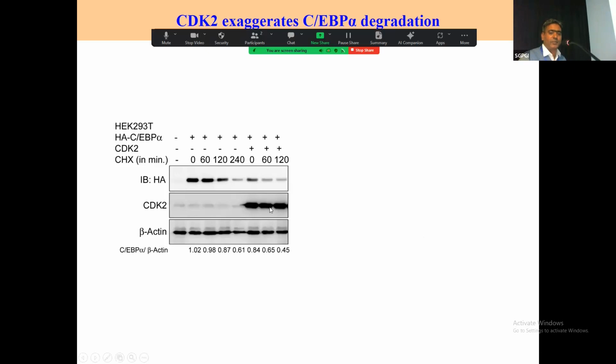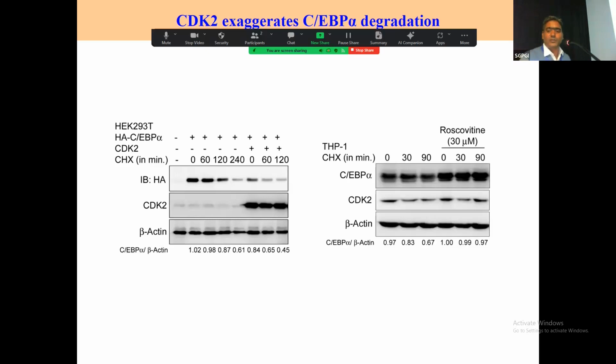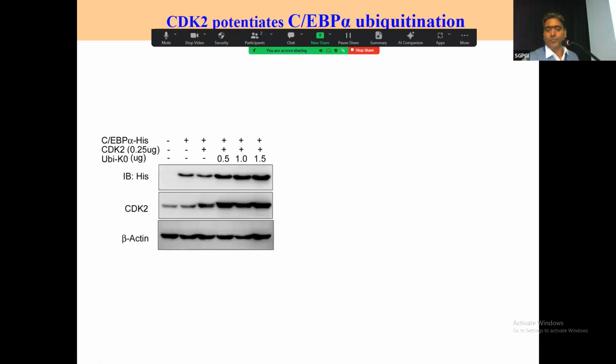So CDK2 expression exaggerated the degradation of CBP alpha. This was further confirmed in the endogenous condition: when we gave roscovitine, the CDK2 inhibitor, the CBP alpha protein was stabilized and its degradation was reduced. This indicates that CDK2 impacts CBP alpha protein levels.